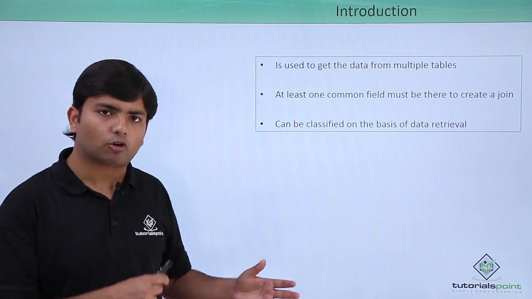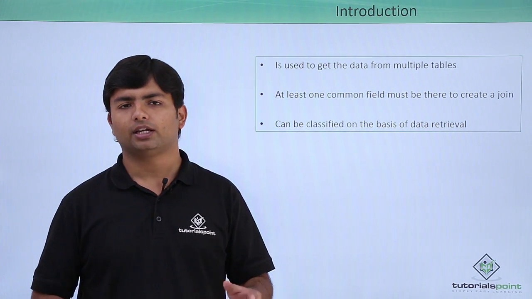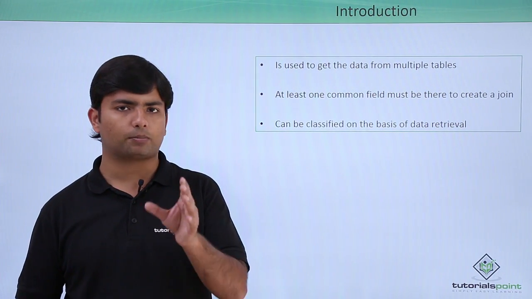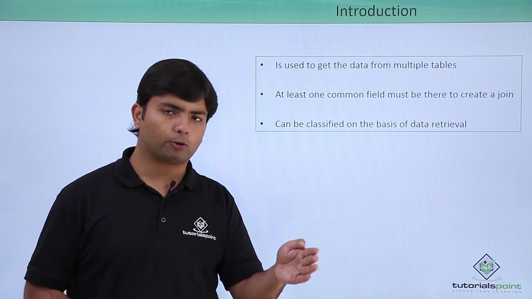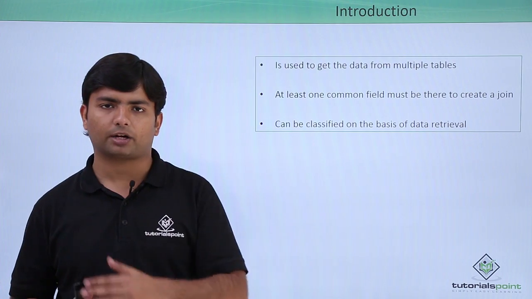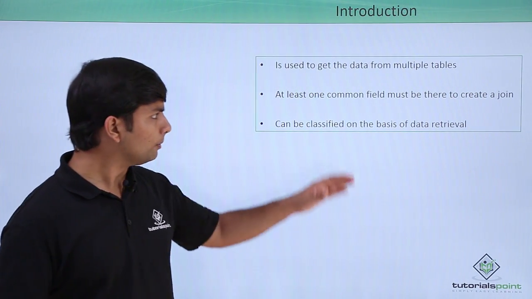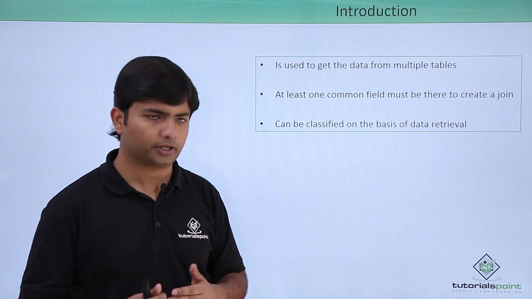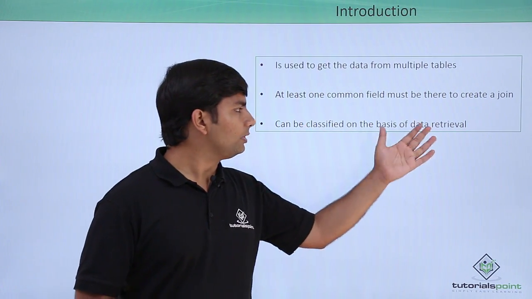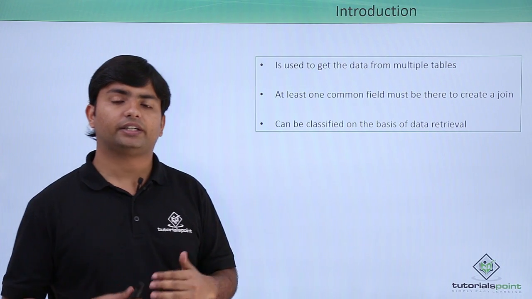As we have already seen in our examples, we have a column called department ID which is there in both the employees as well as the departments table. So at least one common field must be there in order to make a join, and joins can be classified on the basis of the data retrieval.